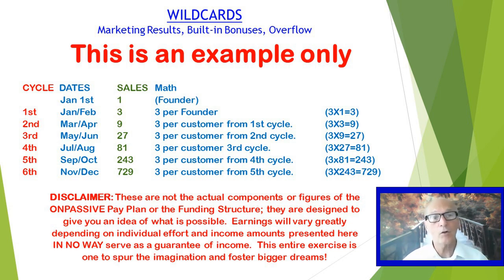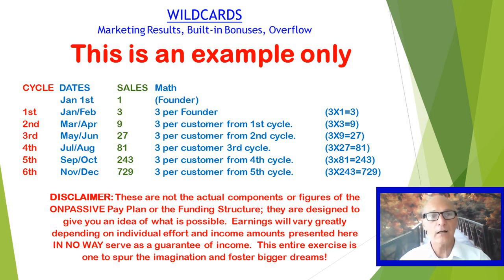The sales column you're looking at is the number of potential customers that we expect as a result of each of the cycles. As you can see, at the end of the year, at the end of the November-December cycle, it looks like there are 729 customer sales or customer accounts in this one founder account.